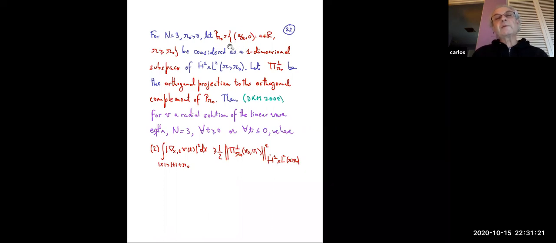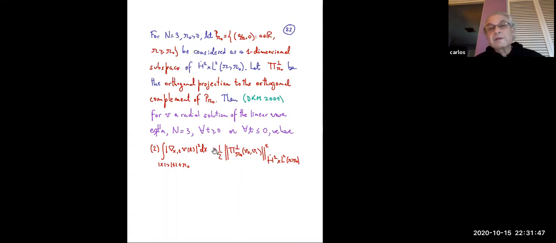This one-dimensional family is a counterexample to this inequality because it's easy to see that the solution corresponding to this set would be A over R, and this would go to 0. So provided we project away from this one subspace, we have this. And this is true for all R0.